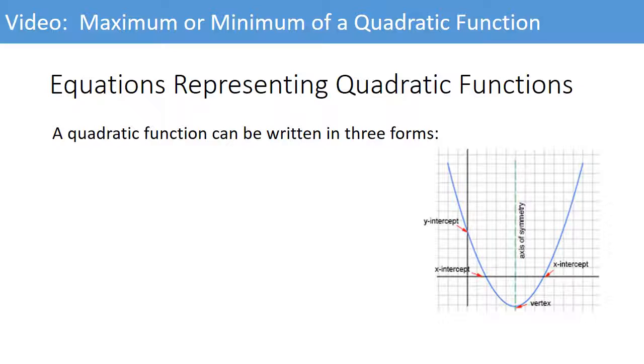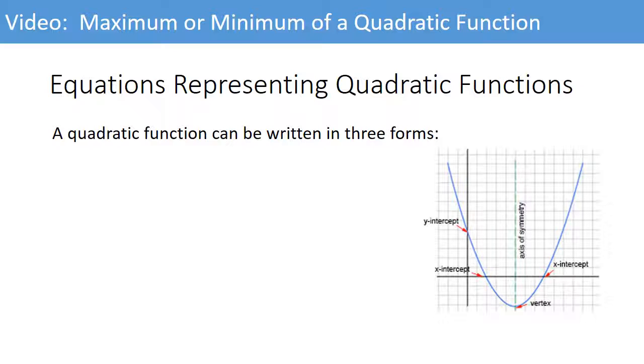This is the point where the graph crosses the x-axis. The vertex is the point at the bottom or the top, depending on how the graph opens, that represents the maximum value of the graph or the minimum value of the graph. The axis of symmetry is the line that passes through this middle point.